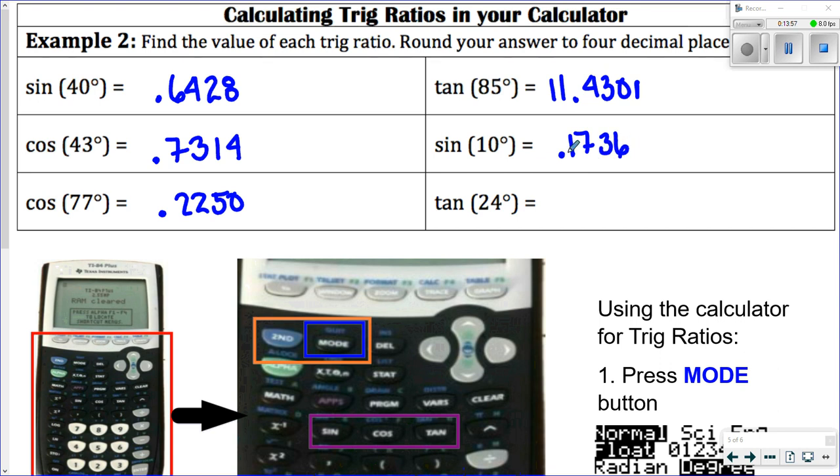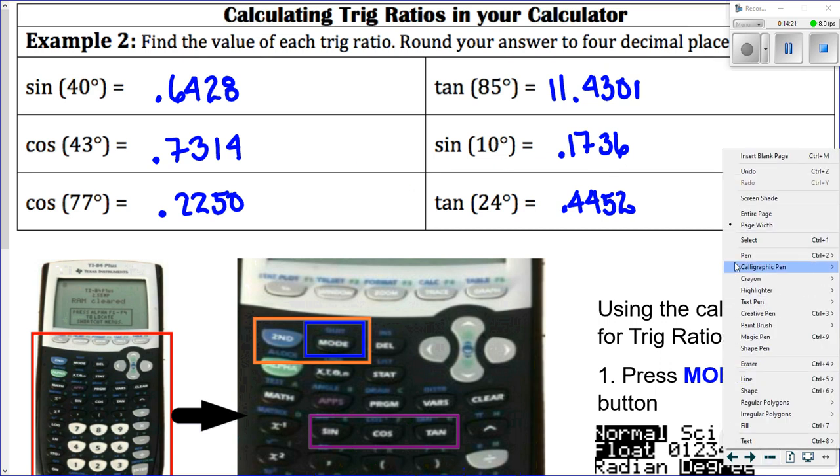And then tangent 24, which will give me 0.4452. All right, that wasn't too bad. So again, be careful. Make sure when you have to find the degree measurement for your ratios that you are in degree mode, not radian. All right, so let's move on.